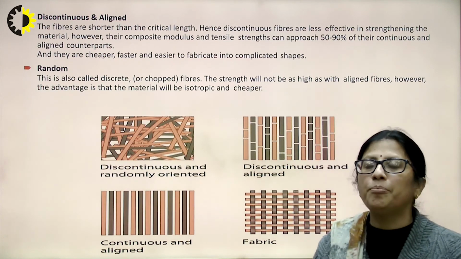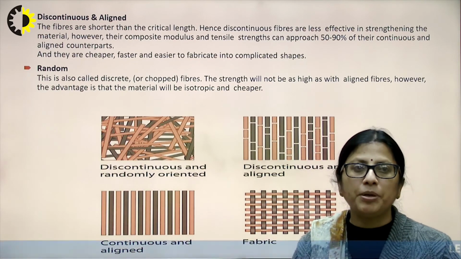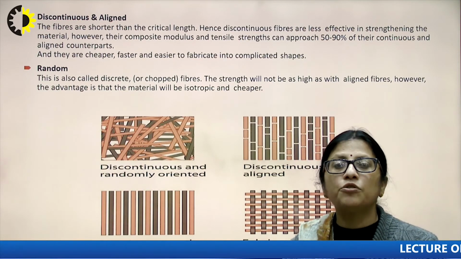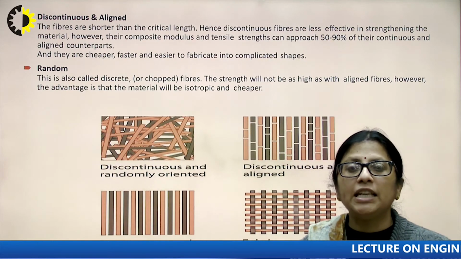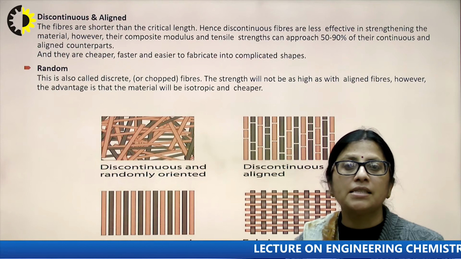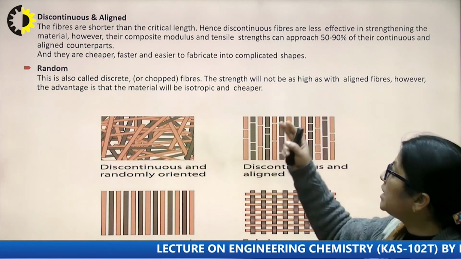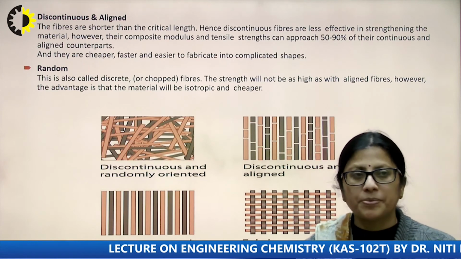So still they can provide strength to the composite material, and they are cheaper, faster and easier to fabricate. Obviously, if we need lesser alignment, then we can quickly make this type of composite materials, and they are easy to fabricate into complicated shapes.